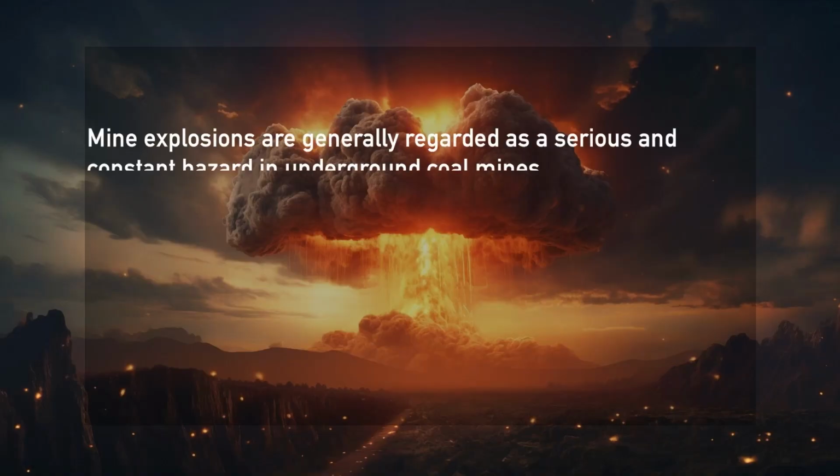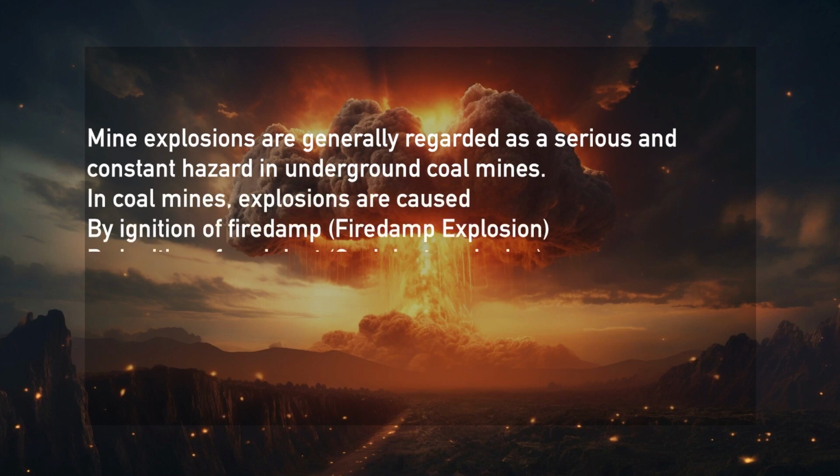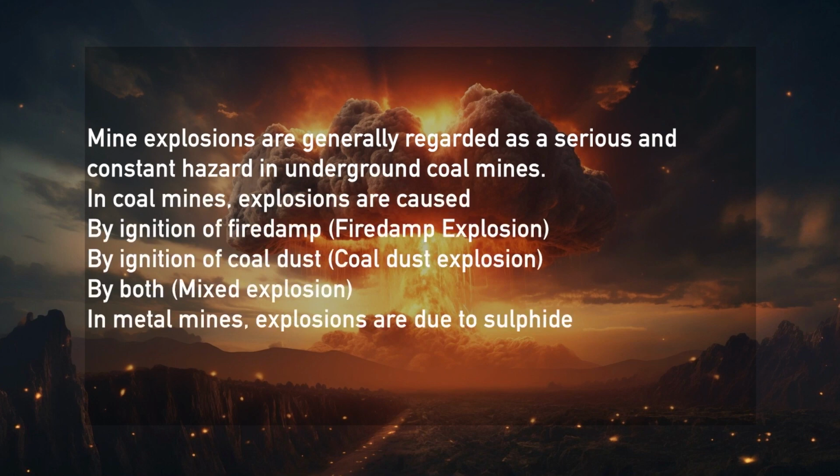Mine explosions are generally regarded as a serious and constant hazard in underground coal mines. In underground metal mines, there is no incident of explosion, due to many reasons. In coal mines, explosions are caused by ignition of fire damp, that is called fire damp explosion.